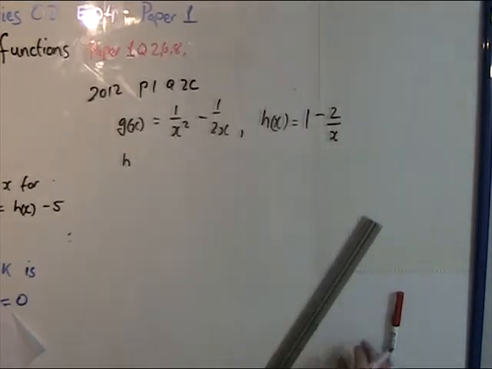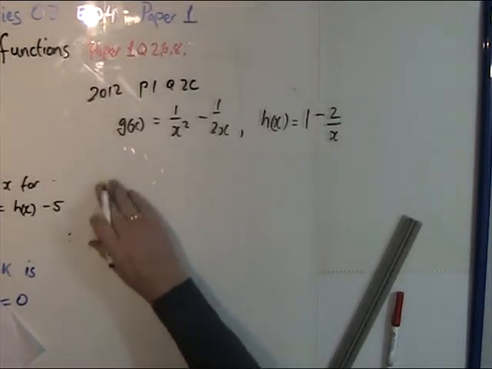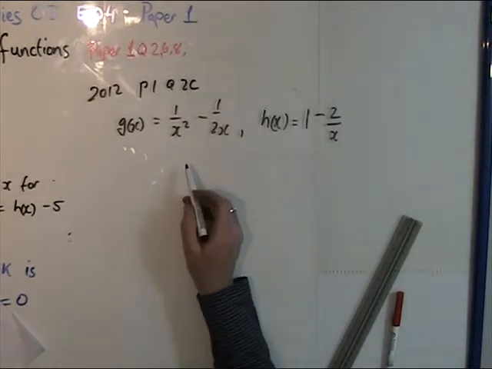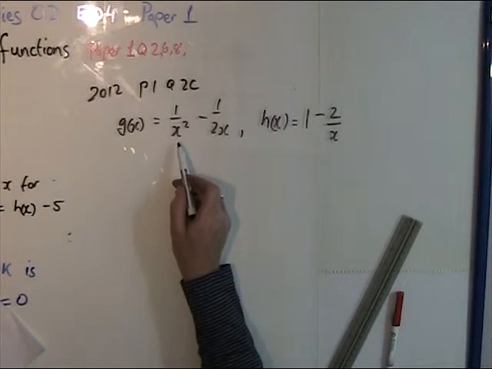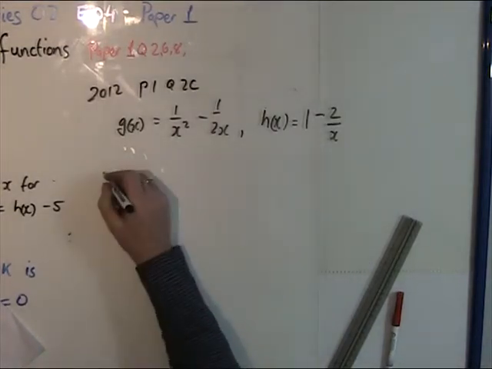The 1 is not attached to the x. So h of x is 1 minus 2 over x, and g of x is 1 over x squared minus 1 over 2x.